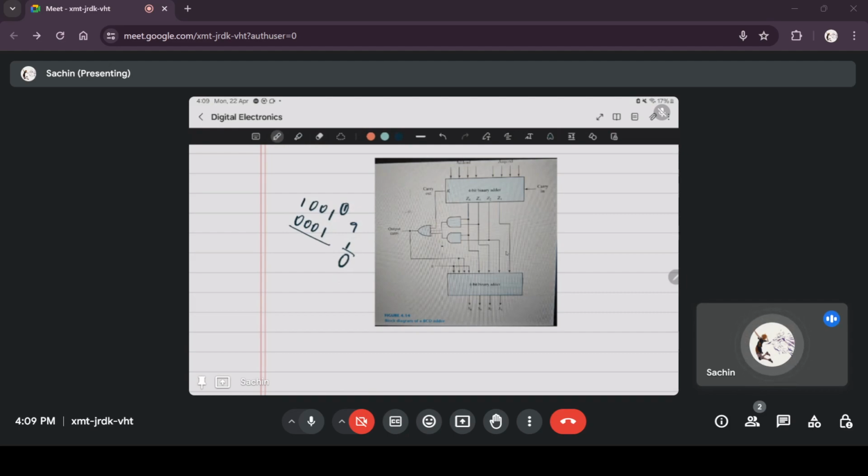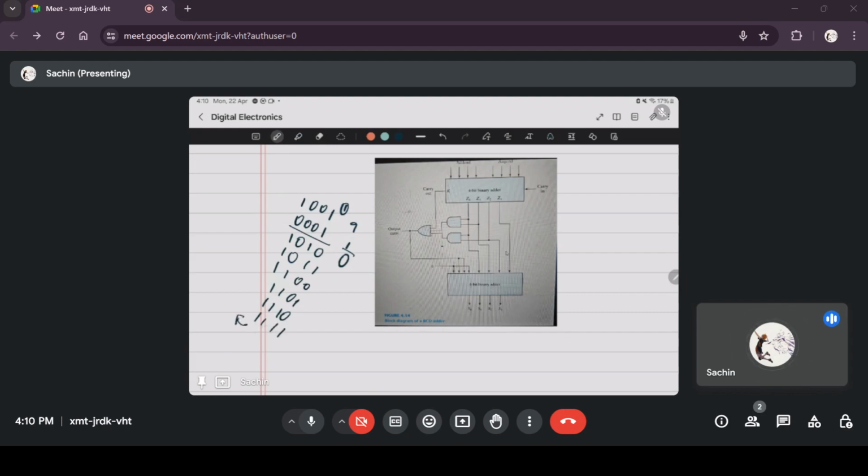So similarly, in binary, after 15, say if you add 1, this will be 1010. Next will be 1011. Next will be 1100. Then 1101, 1110, 1111.